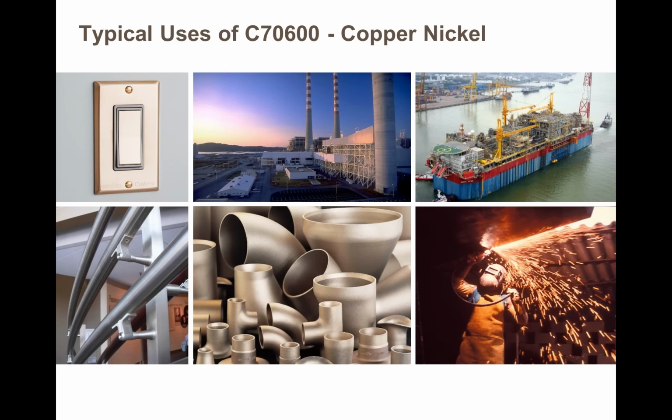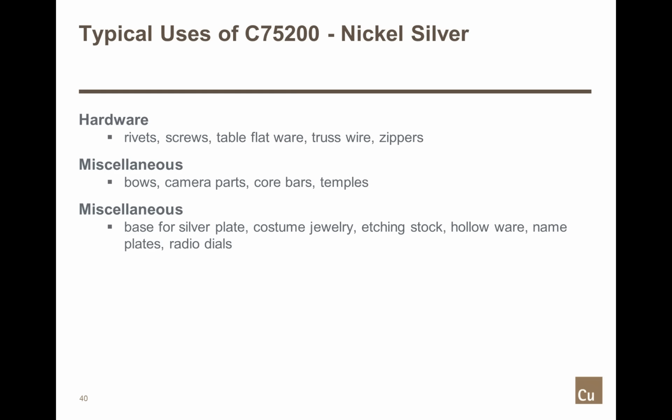Now, alloy 752 is called nickel silver. And many of you may wonder, why is this and the series of alloys that this represents called nickel silver? It's basically a copper, zinc, nickel series of alloys.